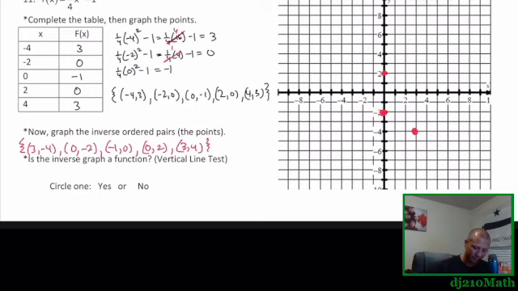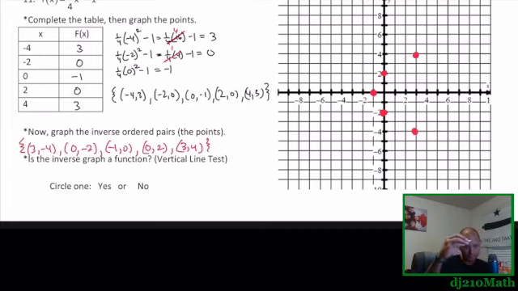That's what we wanted. Negative 1, comma 0, so left 1. And then 0, comma 2, I did that one. And then 3, comma 4. 1, 2, 3, comma 4. All right, we plotted the inverse.